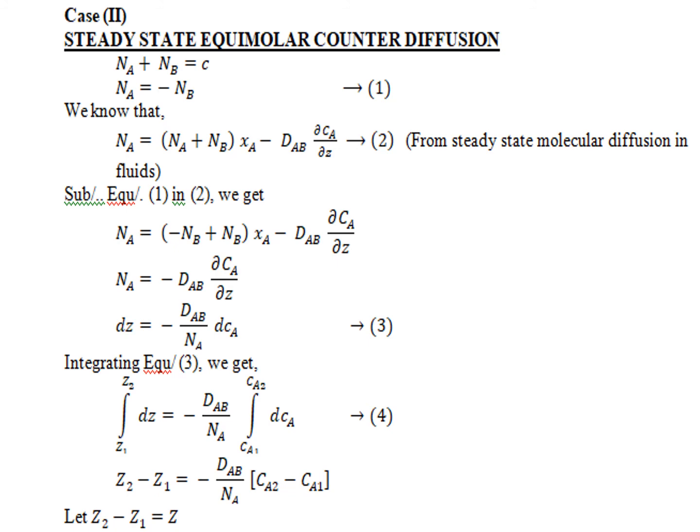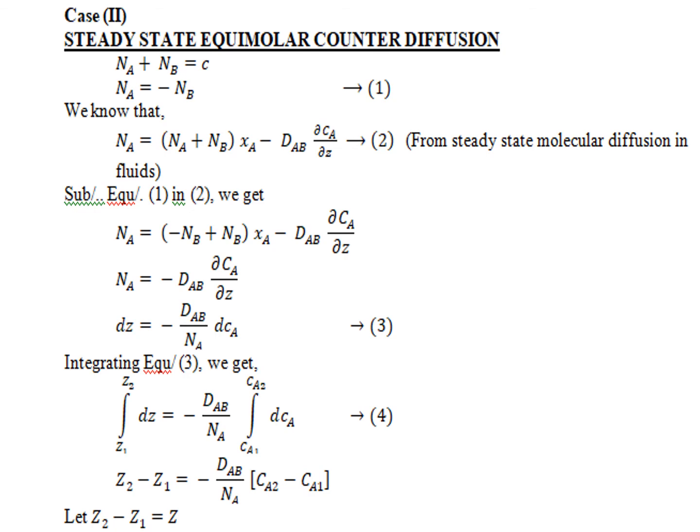So finally after integration we get z2 minus z1. How does it come? The integral of dz is z. After substituting the limit, upper limit minus lower limit, we get z2 minus z1 is equal to minus Dab by Na. Then the integration of dCa is Ca, with limit Ca1 to Ca2, so upper limit minus lower limit, Ca2 minus Ca1.